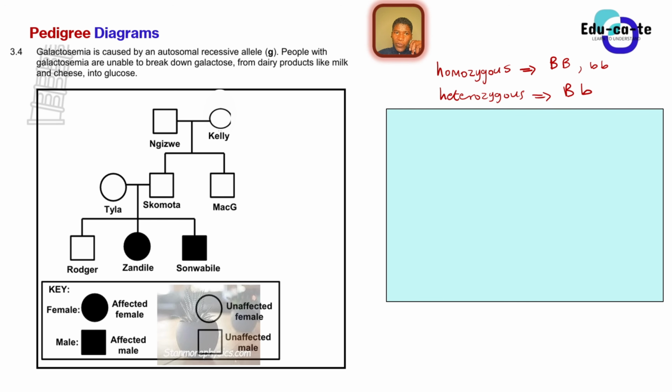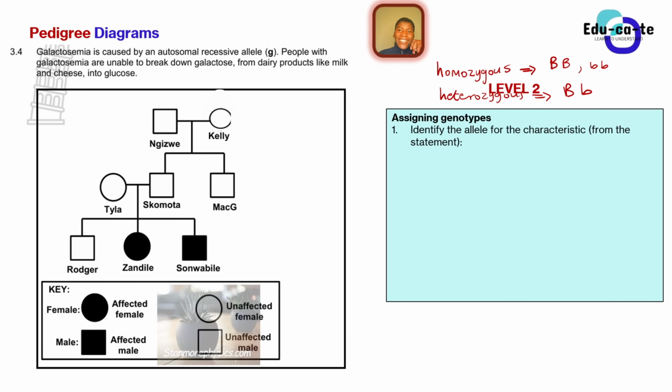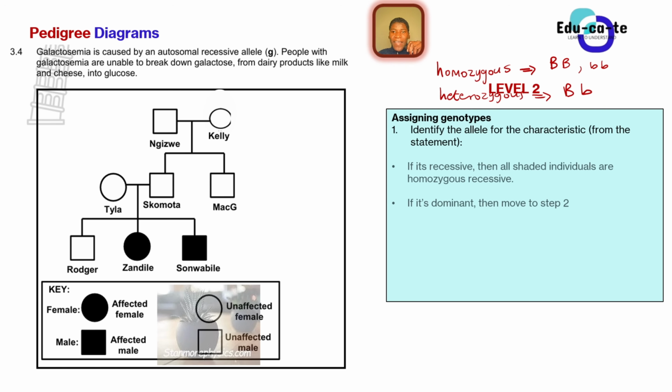So now what do you do? The first thing that you do whenever you are given a question for a pedigree diagram is to read the statement. What are you looking for in the statement? You look at level 2, assigning the genotypes. You identify the allele for the characteristic, to say, is it a dominant allele or is it a recessive allele? How do you see that? Let's read the statement.